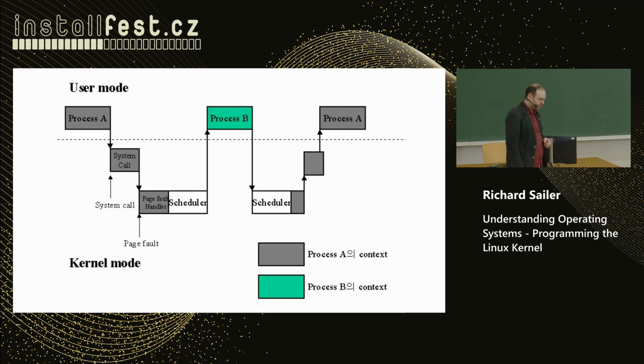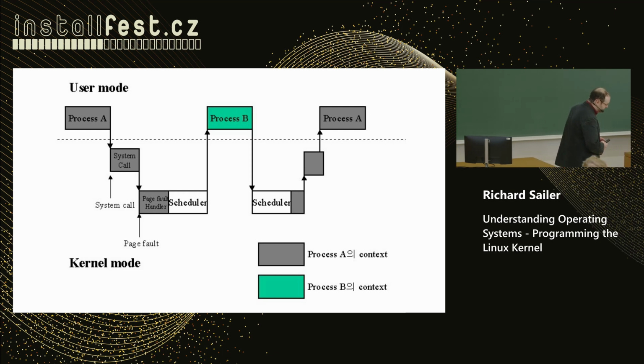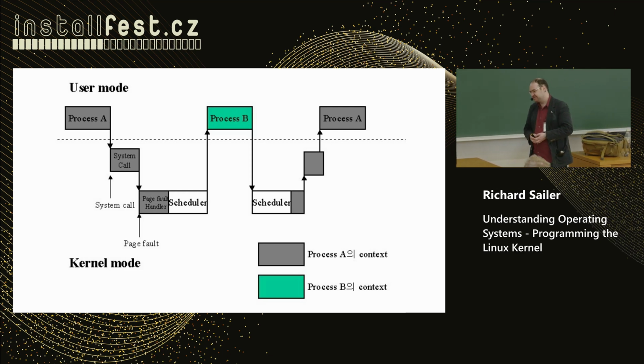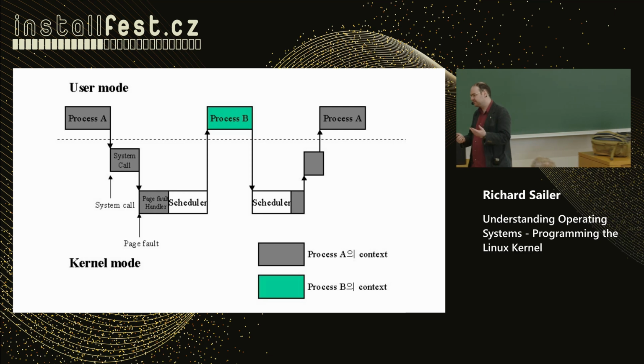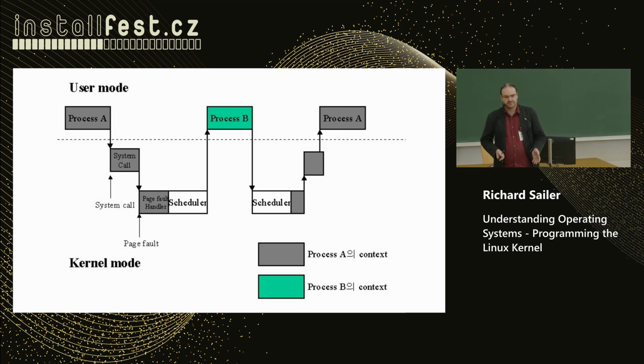For example, the old Apple Mac OS 9 operating system had cooperative scheduling, so it depended on every process giving control back to the kernel sooner or later, which of course didn't work out, because even if the application programmers are nice, if they mess something up and are in some endless loop somewhere, you have the whole system hanging.